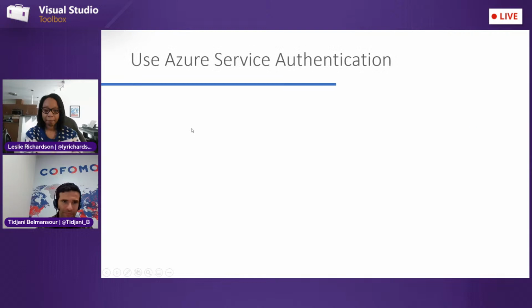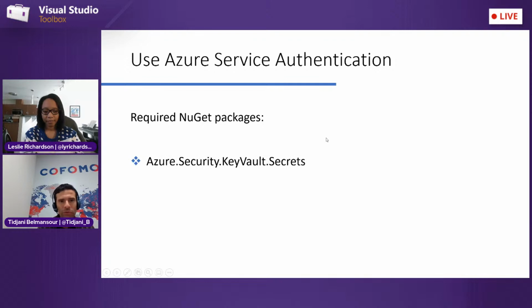So in order to make it work, we will need to add two NuGet packages in our application, namely Azure.Identity, which gives us access to the DefaultAzureCredential class, and the Azure.Security.KeyVault.Secrets NuGet package.